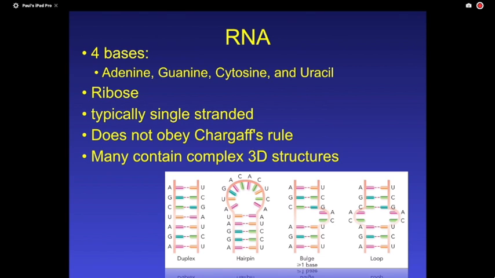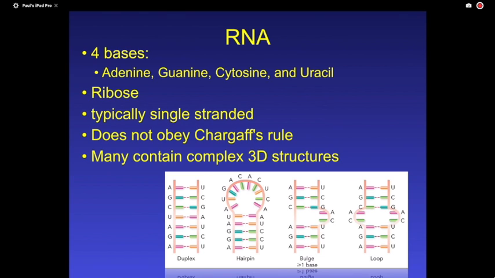RNA itself does not have the ability to follow Chargaff's rules. There is no base pairing that is dictated, and so the percentages of A's, G's, C's, and U's can be all over the place.